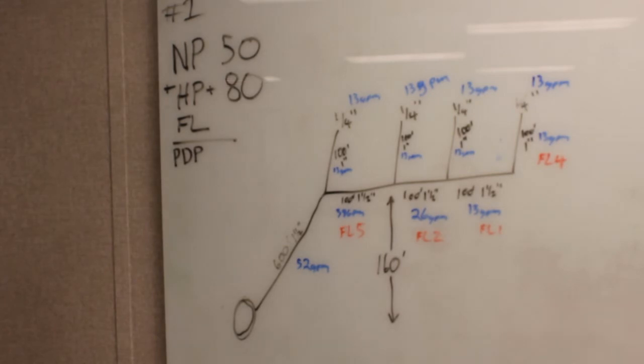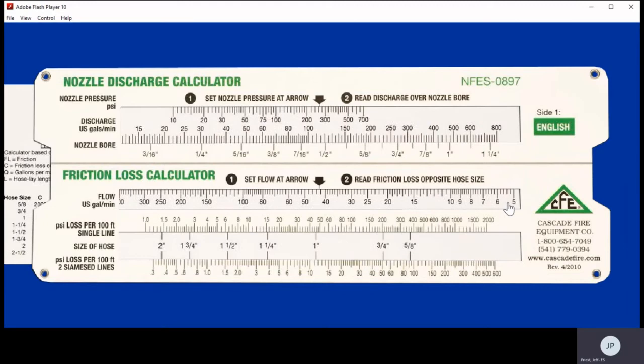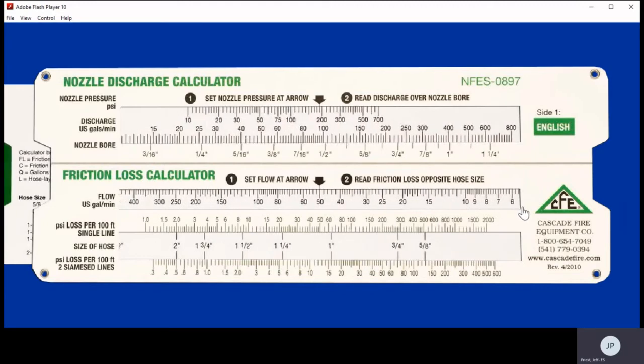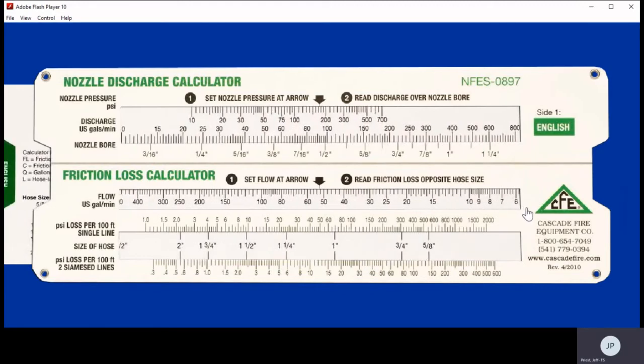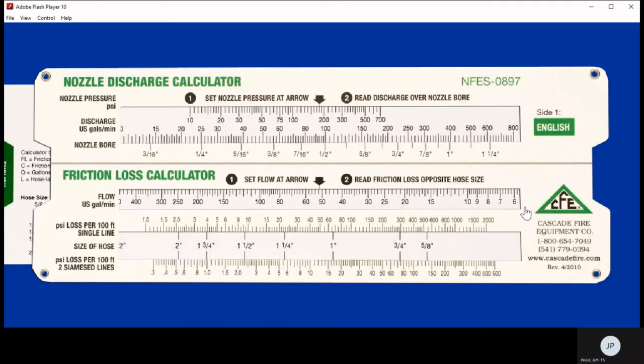All right, keep coming back. Now I have 52 gallons per minute flowing through 1.5 hose. And then I have friction loss for 52 gallons per minute in 1.5 hose. Note the graduation changes because there I'm at 50, and it goes 50 to 60 by 2s, it looks like. 2, 6, 8, 10.